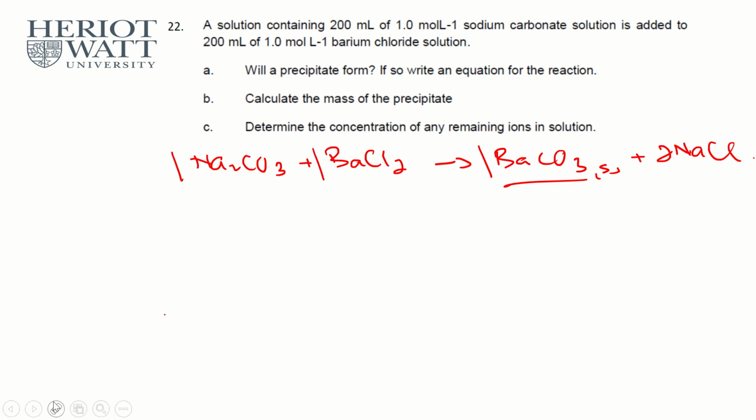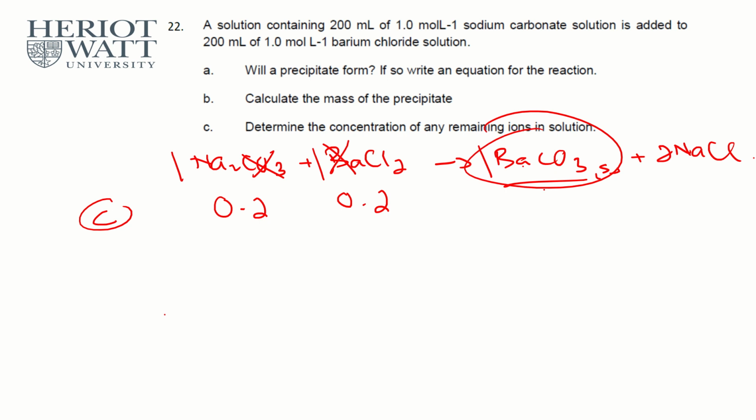Part C. Determine the concentration of any remaining ions in solution. Now, this is much easier because we have no limiting or excess. So I have 0.2, 0.2. This is fully converted into solid barium carbonate. So no more barium, no more carbonate. All turned into a solid. So the only remaining ions here will be sodium and chloride.